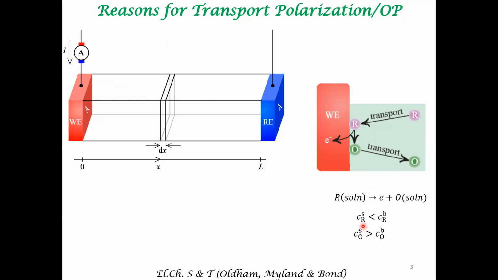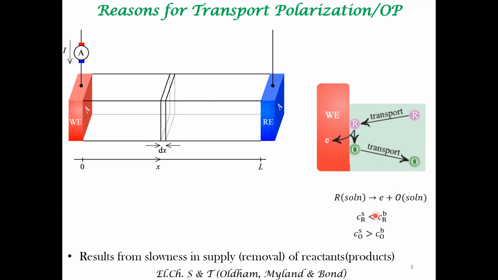Qualitatively, the reason why there is transport overpotential or transport polarization are these two differences. That is, the concentration of R in the bulk is more than the concentration of R on the surface, and the concentration of O on the surface is more than the concentration in the bulk.